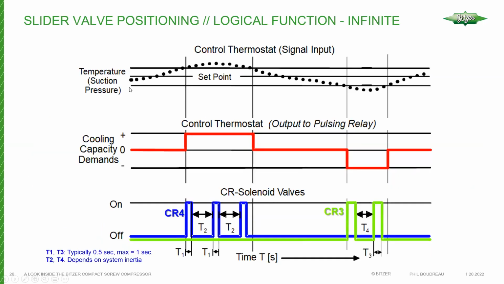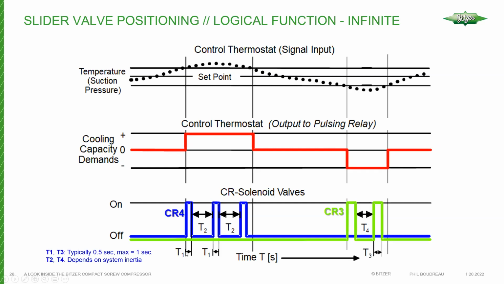So as the thermostat is calling and satisfying, or if it's an analog signal, it's changing. Okay, so we've got the control band here. We call for cooling, and then we're satisfied, and we can cycle the solenoids here. So we have a demand for capacity at this point, and then a reduced demand for capacity over here.